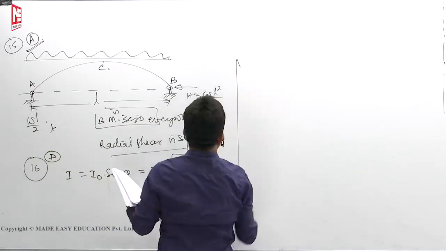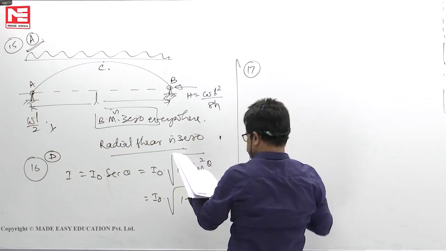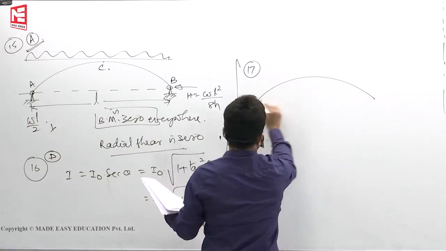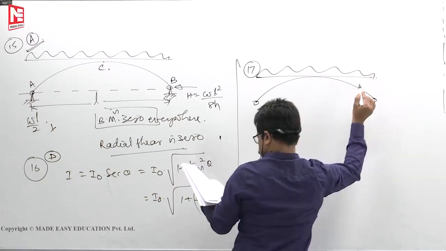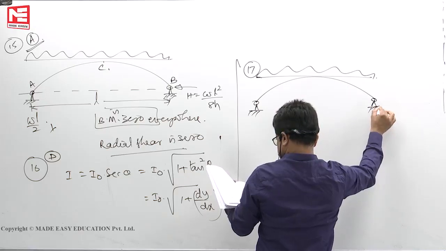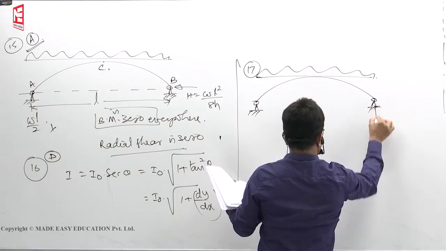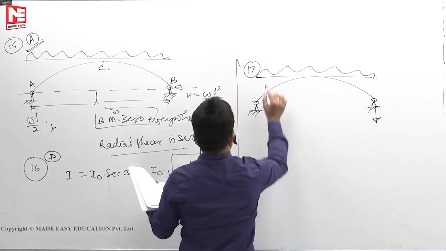Next 17. Symmetrical two hinged arch subjected to UDL on horizontal span. If one of the supports settle down vertically, then the horizontal thrust is decreased.